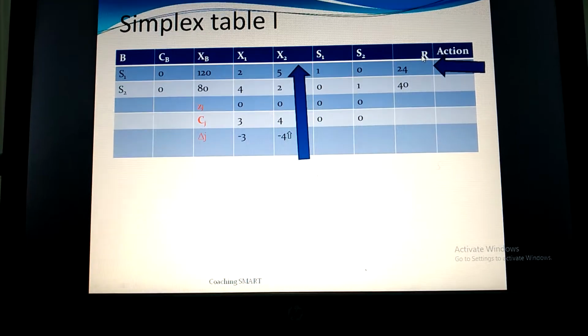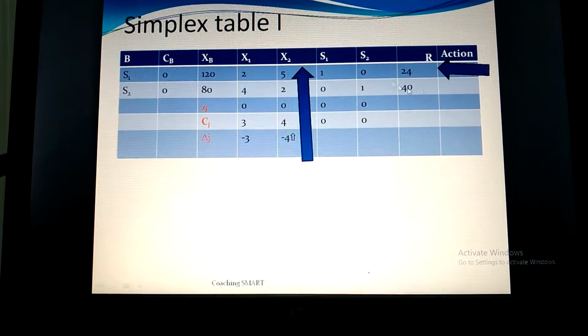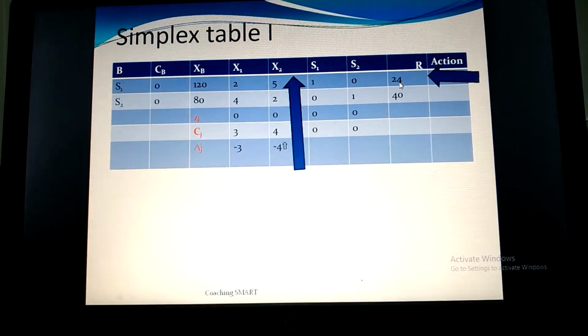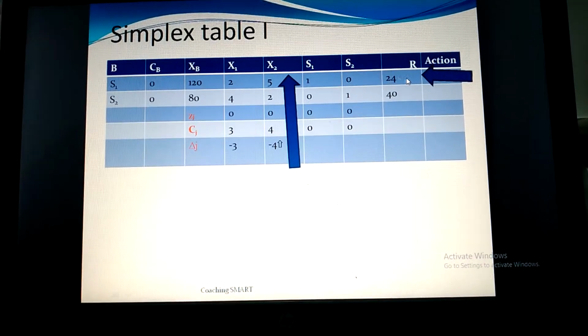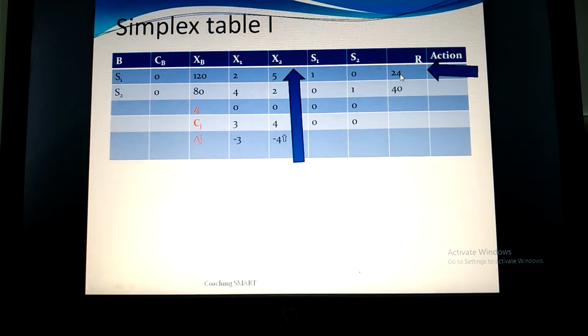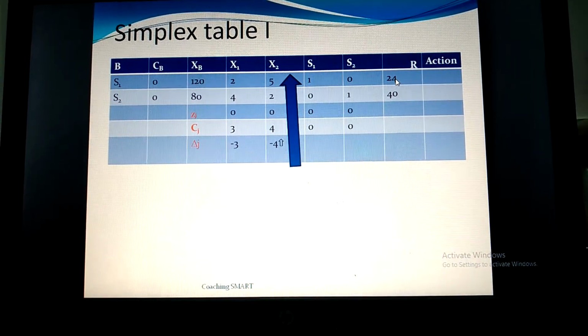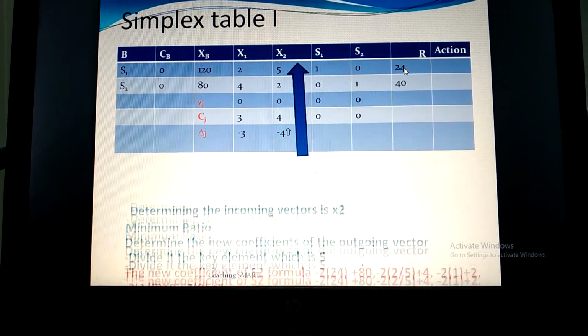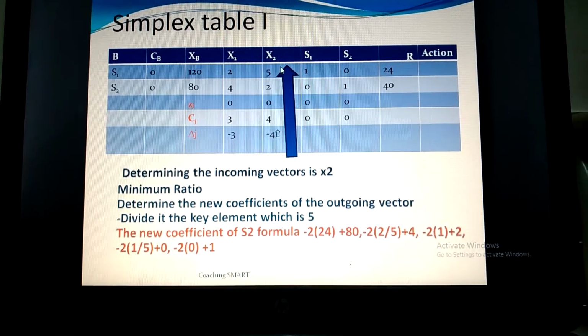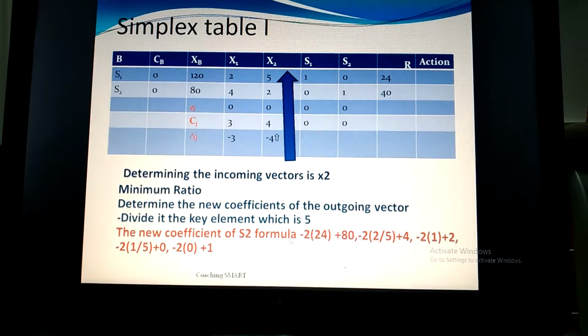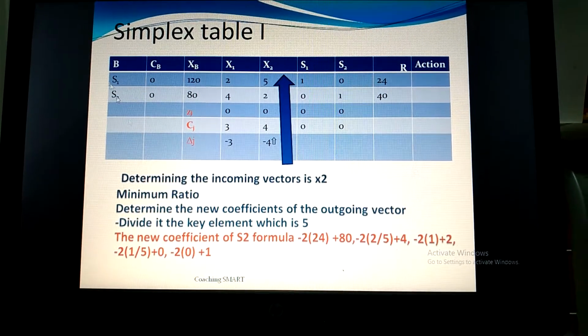So we take the least value. The least value determines the outgoing variable or outgoing vector. So 24 is our minimum ratio. So already we have determined the incoming vector is x2 and the outgoing vector is s1.